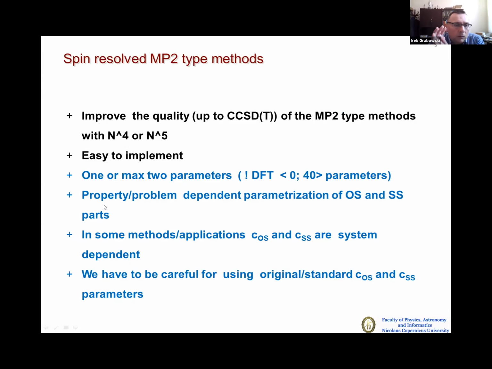But when we look at spin component scaled MP2, not only we, but many people find that the parametrization of the method is very often property or problem dependent. And in some applications, it can even be system dependent.